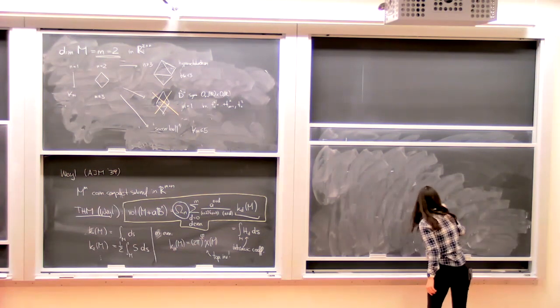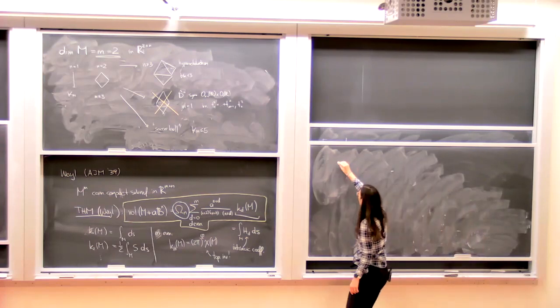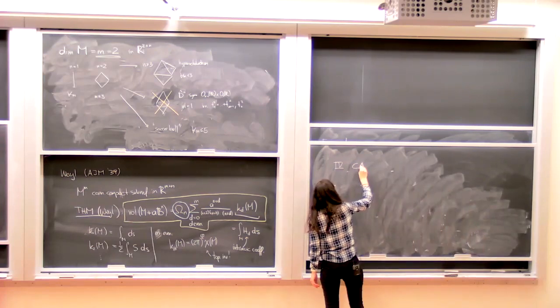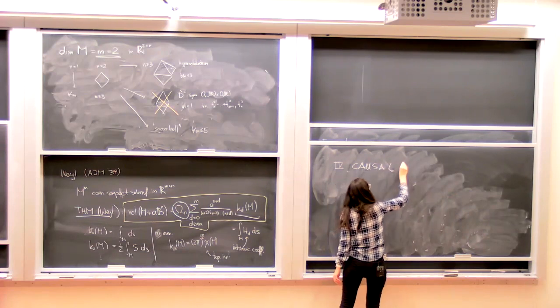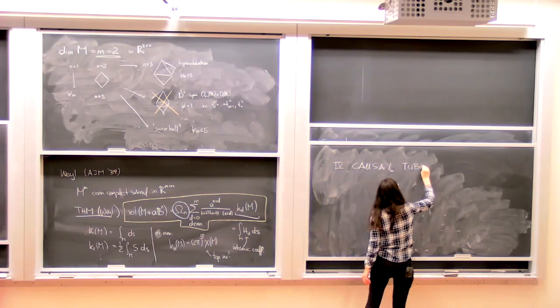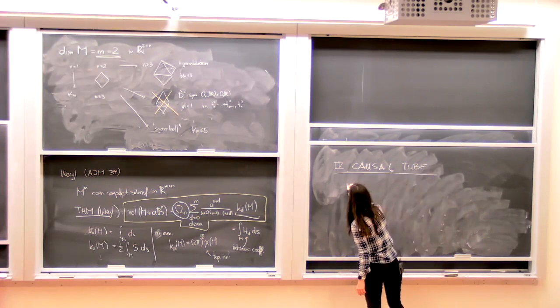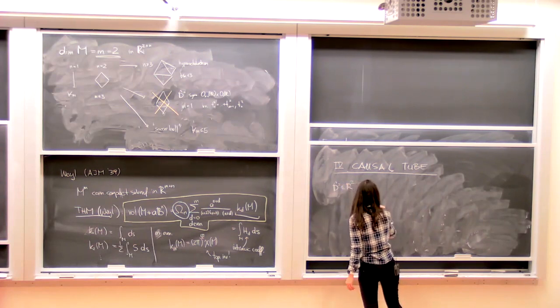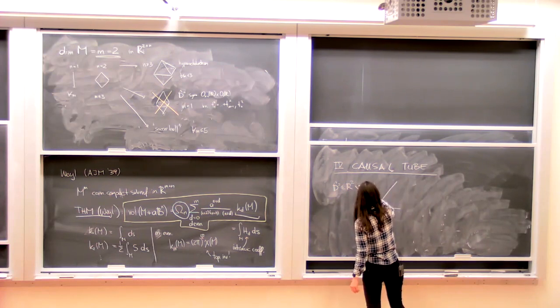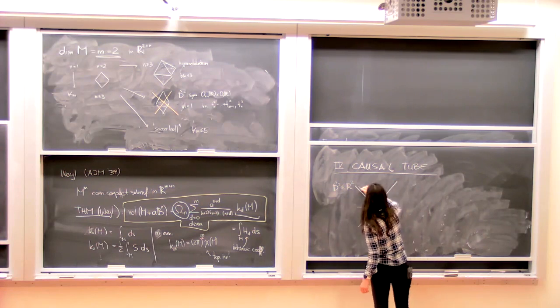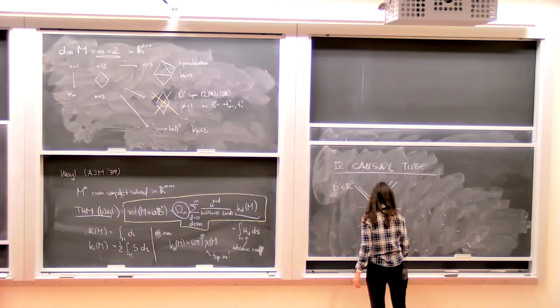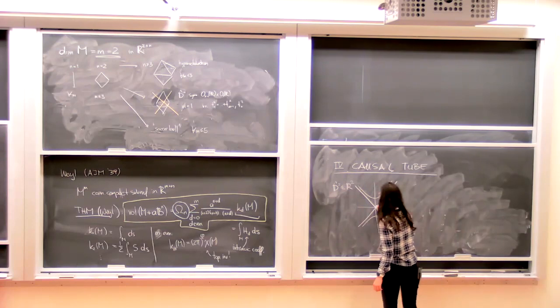And the basic idea for the causal tube would be that you are in a domain, so you go like 1 in the normal direction.